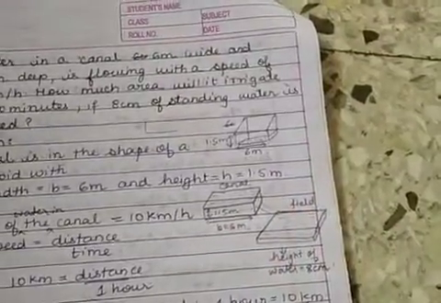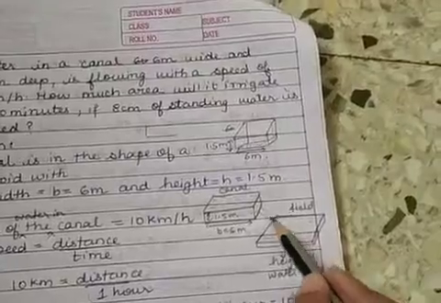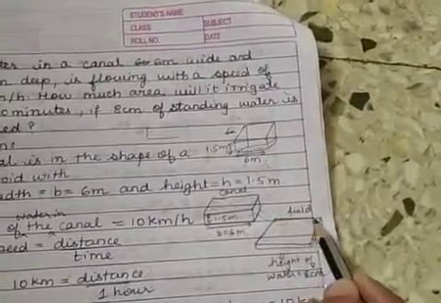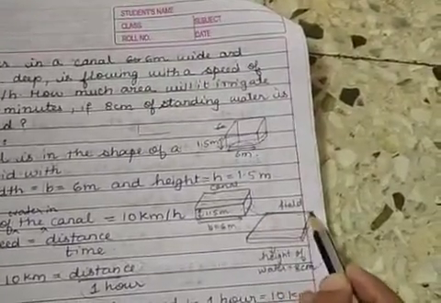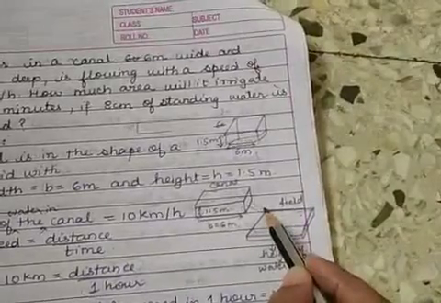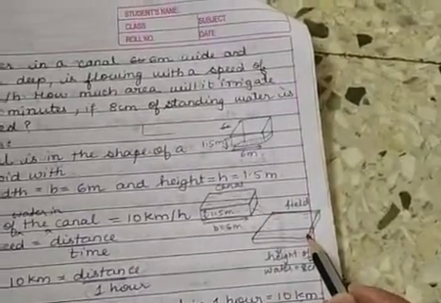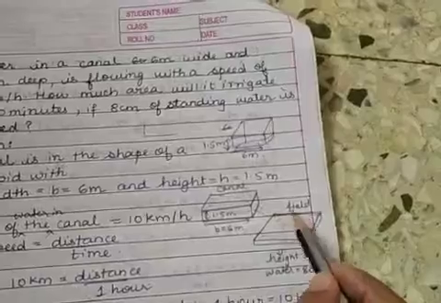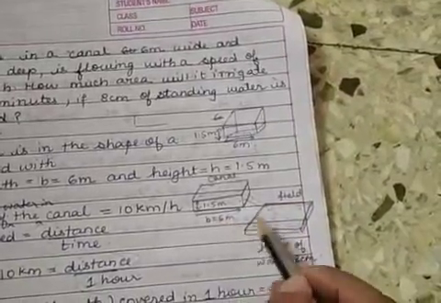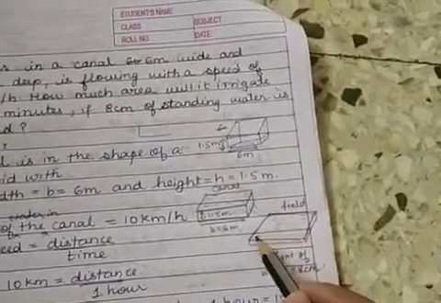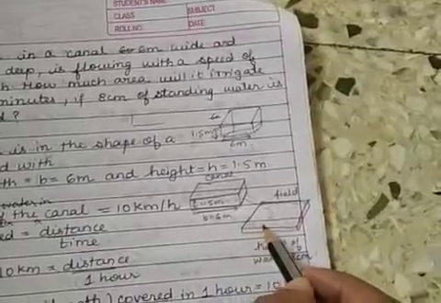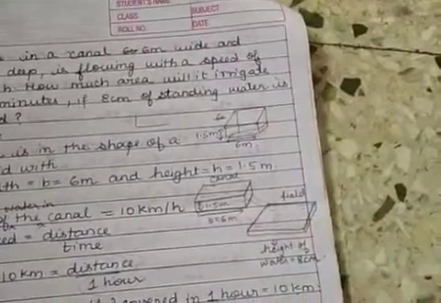Now you have to find out how much area. Area means it's two-dimensional. So how much area of this field is irrigated in 30 minutes, if 8 centimeters of standing water is needed.